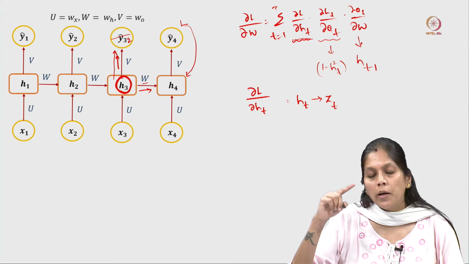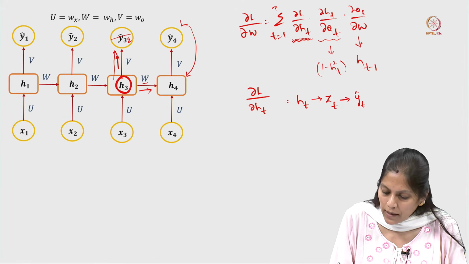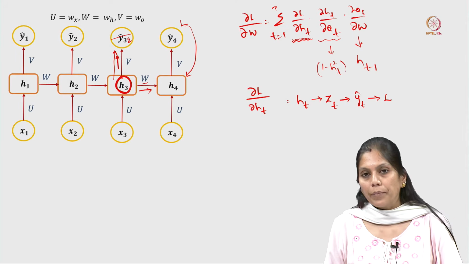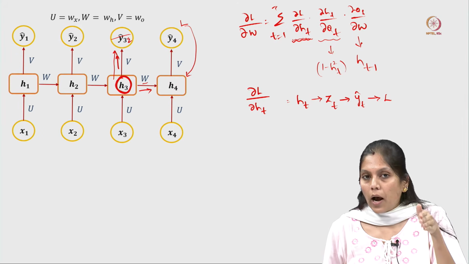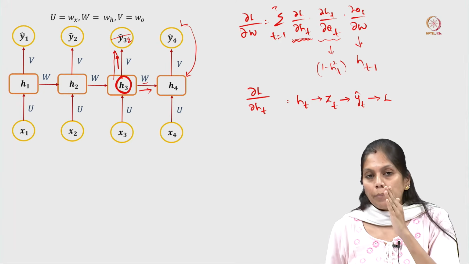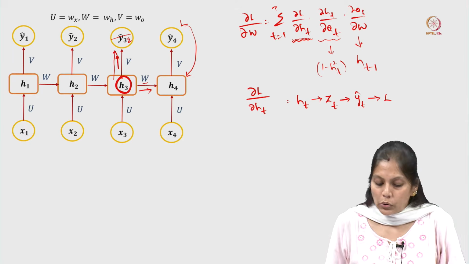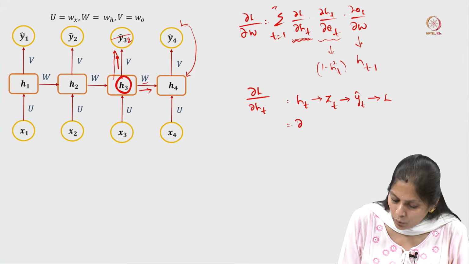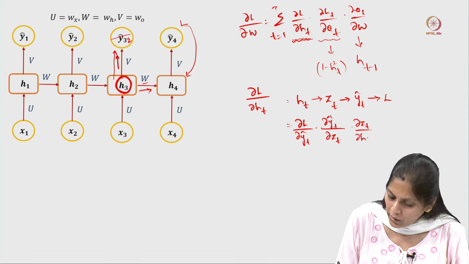From the summation you pass the result to an activation, which is YT hat. From there it is the loss. So what we are first calculating is H3 going up. You will write it as the derivative of loss with respect to YT hat, the derivative of YT hat with respect to ZT, and the derivative of ZT with respect to HT.